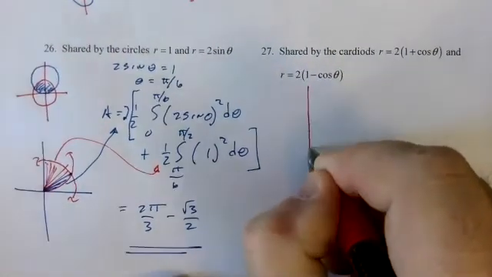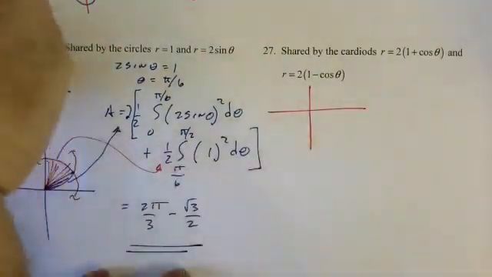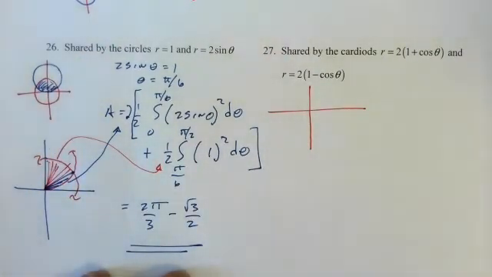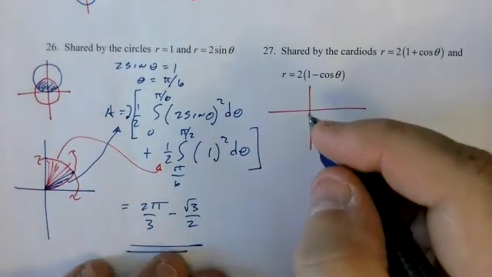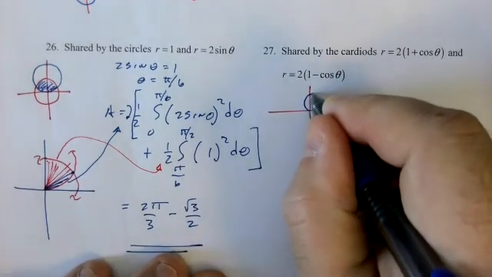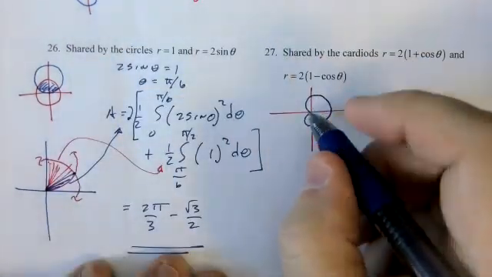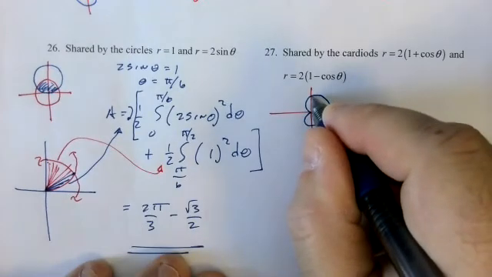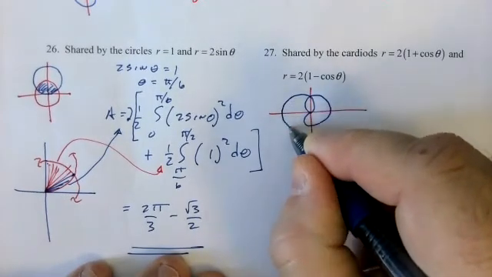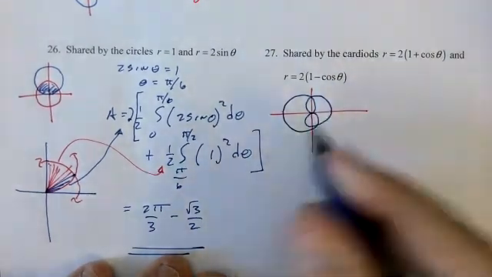This looks hideous. All right, so cardioid 1 does this. Cardioid 2 does this. They're roughly the same size.